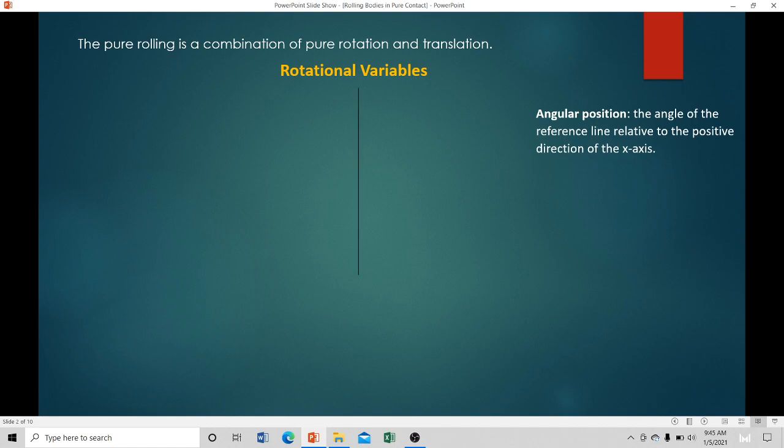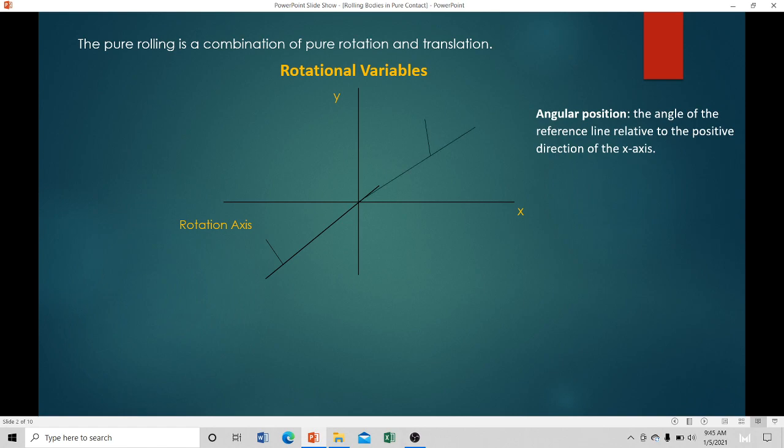So as we observe this graph from this Cartesian plane, we have this y-axis and x-axis, and this rotational axis that is passing through the origin.